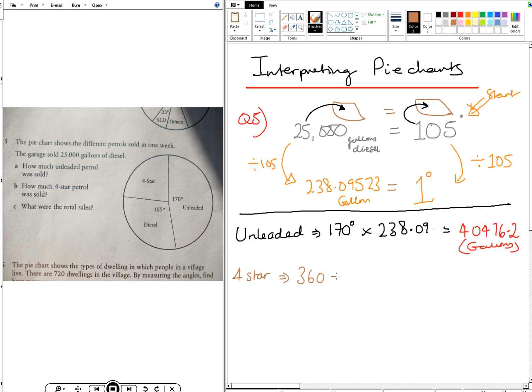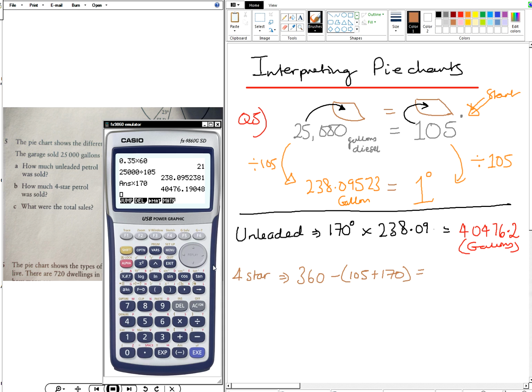So it would be 360 minus, open the bracket, 105 plus 170, close the bracket. That first of all gives us the angle. What do you get? 85 degrees. But that's not the answer for the moment.